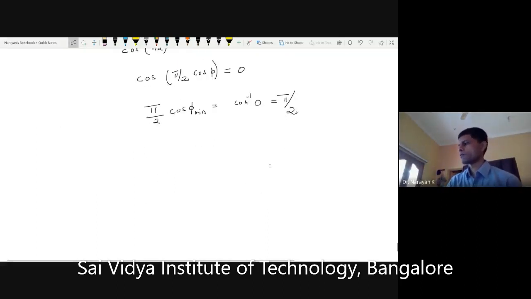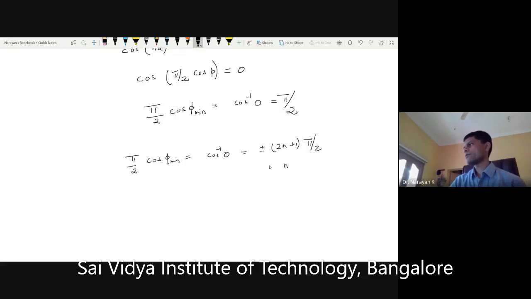So pi by 2 cos phi minimum will be cos inverse of 0. Actually, you have to write this as plus minus, n can take any values, 2n plus 1 pi by 2. So if n is equal to 0, then it becomes pi by 2.